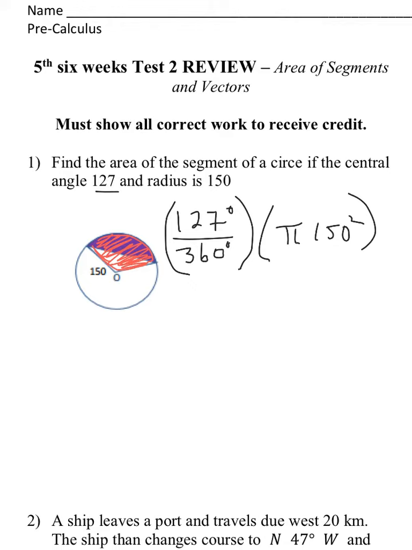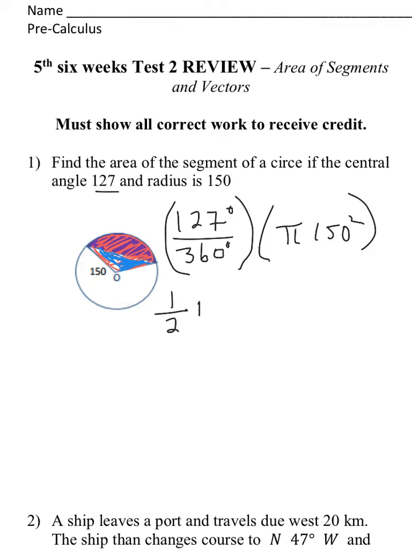We also need the calculation of the area of the triangle, which is going to be this area right here. So the area of the triangle is, we're going to use an area formula similar to other area formulas you've used before. 1/2 A times B. In this case, A is 150 and B is also 150 because we're using the radius as the sides of our triangle.